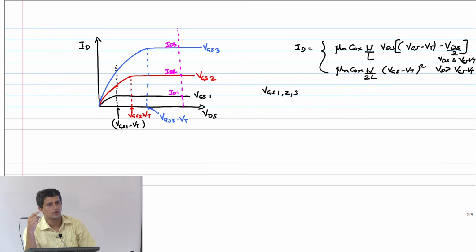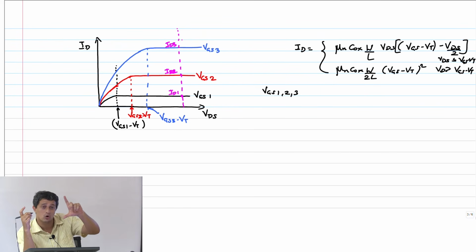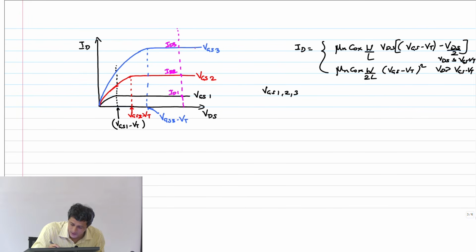So what should be the functional relationship with respect to VGS here? It should be a quadratic relationship, right? If I increase VGS a little bit, then the saturation current goes up as the square of VGS minus VT. So therefore this spacing will now be quadratic.